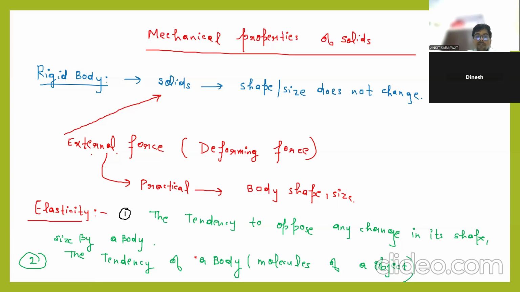Here is the second definition: the tendency of a body, meaning the tendency of the molecules of a body, to regain its original configuration after removal of the deforming force.